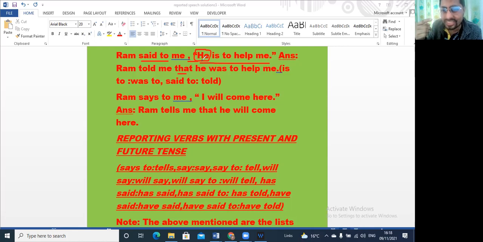Now let us remember the SON rule. First person is changed according to subject. Second person is changed according to object. Third person is not changed, no change. So here the third person is he, which means it is not changed. So he remains he.